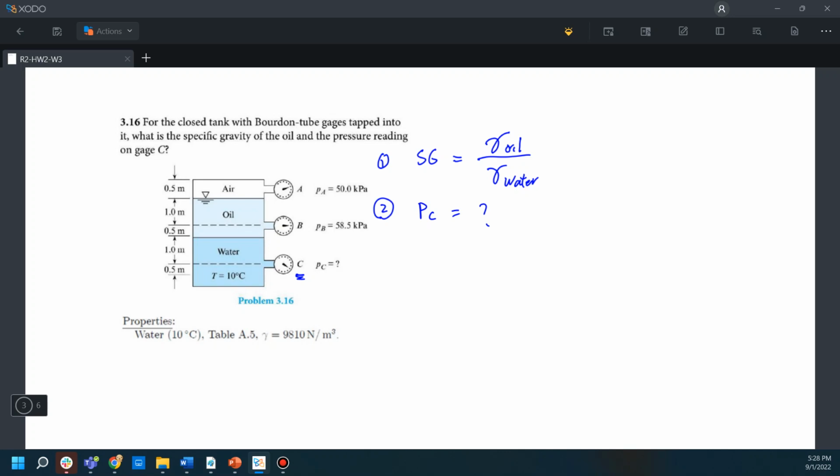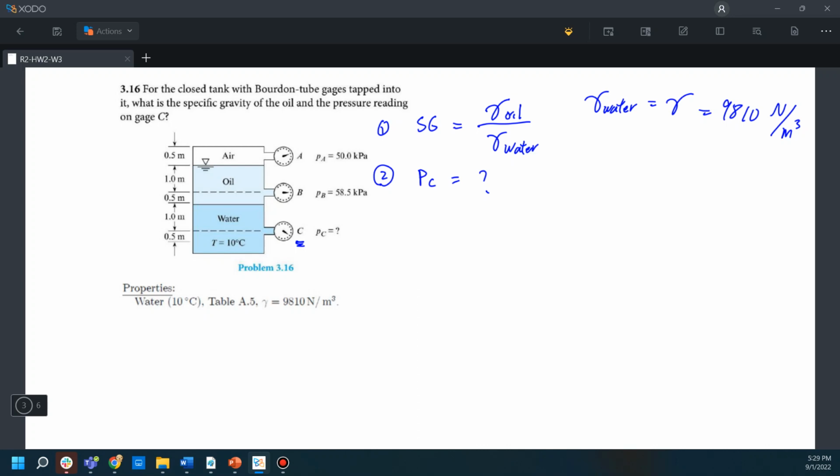Okay, and the constant that we know from the table 8.5 is the specific weight for water, this gamma water, which I will just write as gamma instead, to be 9810 Newton per cubic meter.